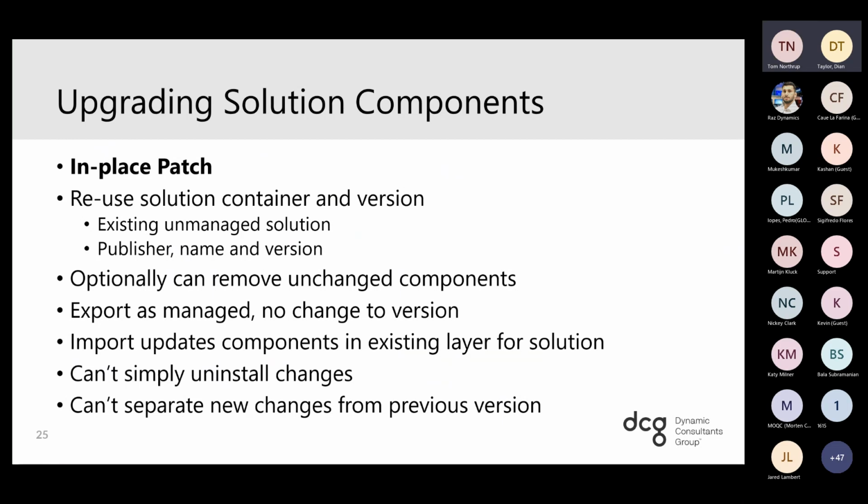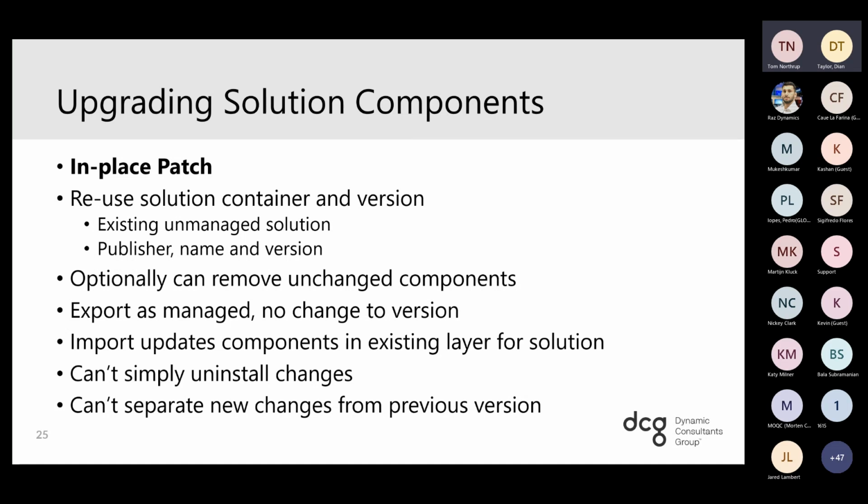You can do an in-place patch, and this is reusing a solution container and version. So you take an existing unmanaged solution in dev, same publisher name and version. You can choose to remove what you're not going to change. Export it as managed. Don't change the version. Import updates on import. So you have an unmanaged solution A and it's version 1.0.